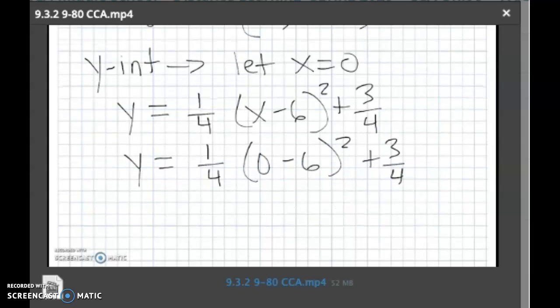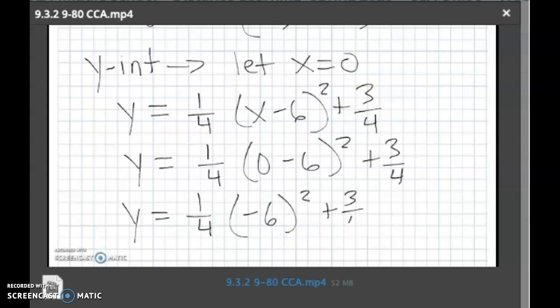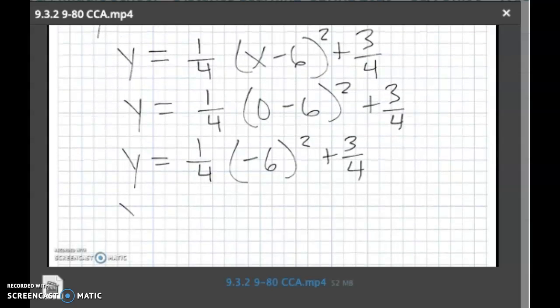All right, so now I have y equals 1/4 times, solving using order of operations, I've got to do the inside of my parentheses first, so 0 minus 6 gives me -6. And if I keep solving, the next thing to do is to square the -6, so -6 times -6 gives me 36.